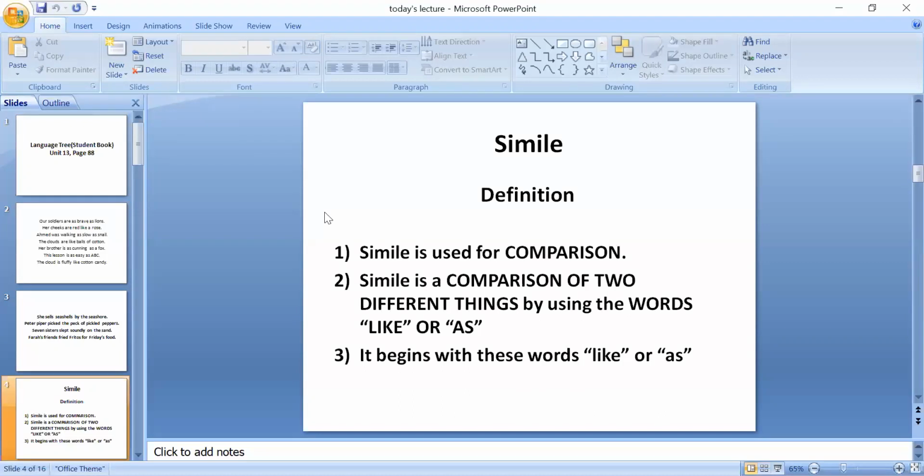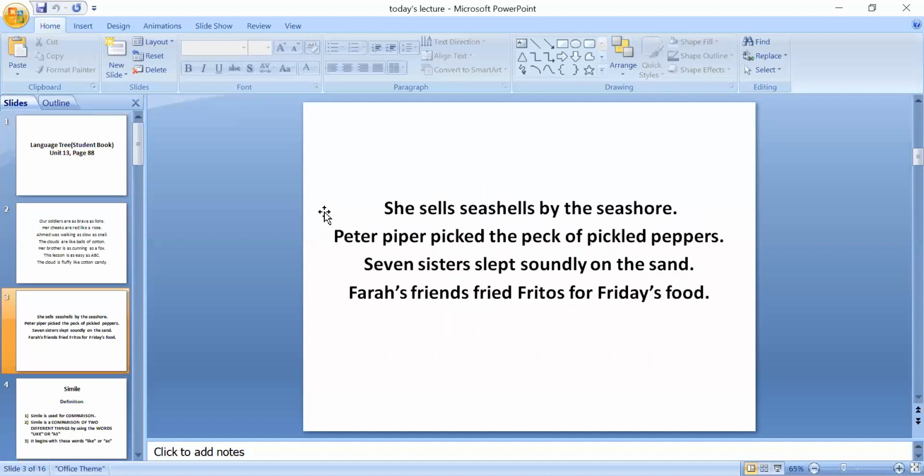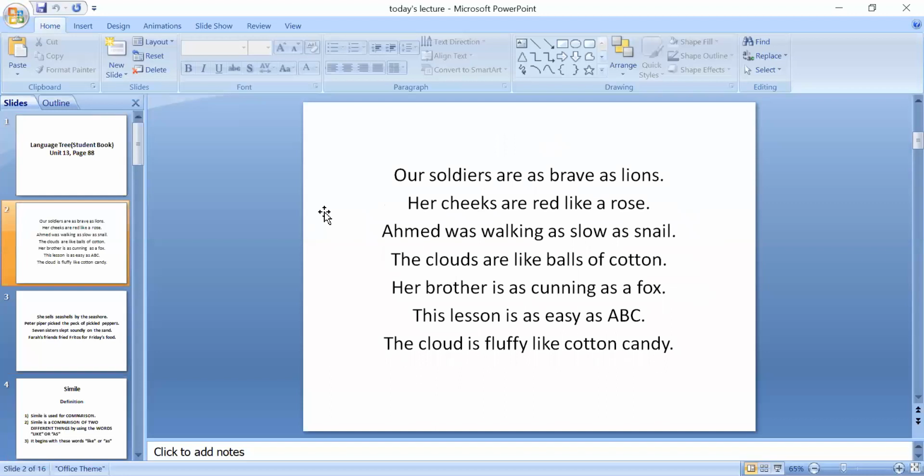It is a comparison of two different things. We compare two different things, and we use words like or as. So simile begins with these words, like or as.